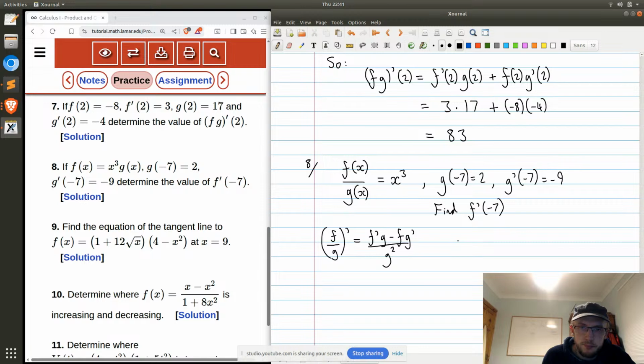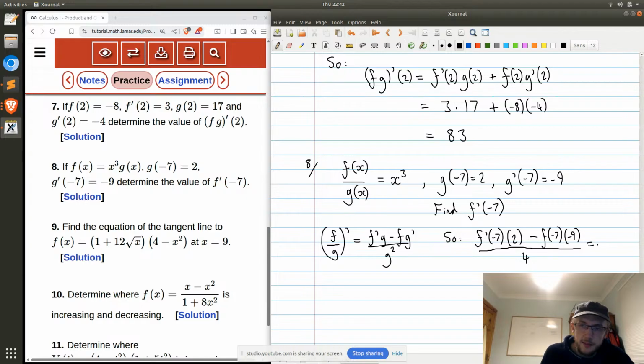Thus, the very thing that we don't know, times g of -7, which is 2, minus f of -7, which we don't know, times g prime of -7, which is -9, all over g of -7 squared, which is 4.